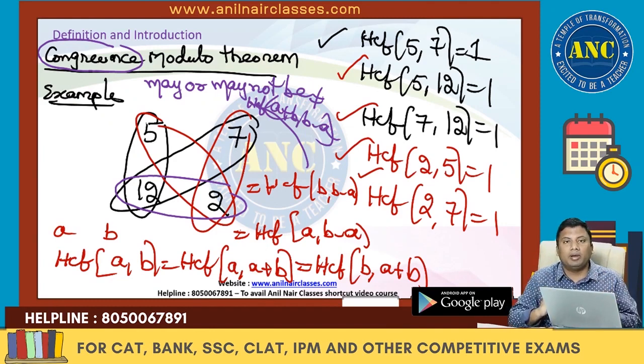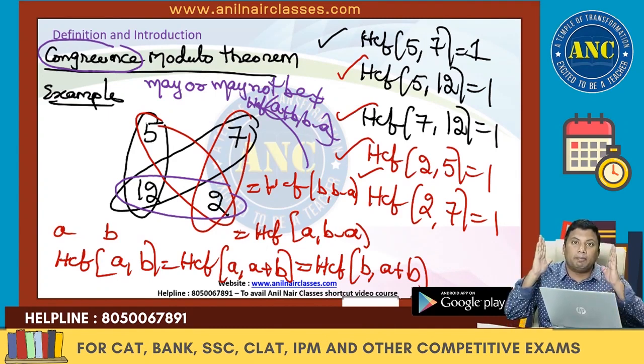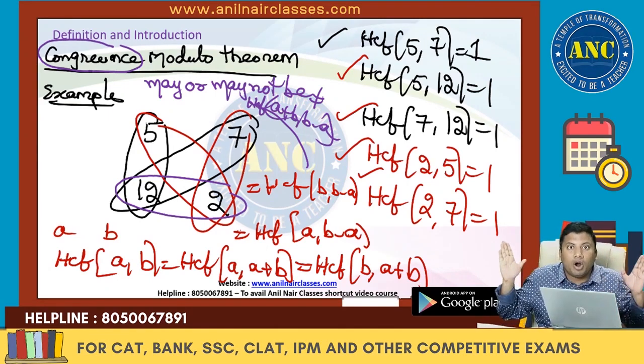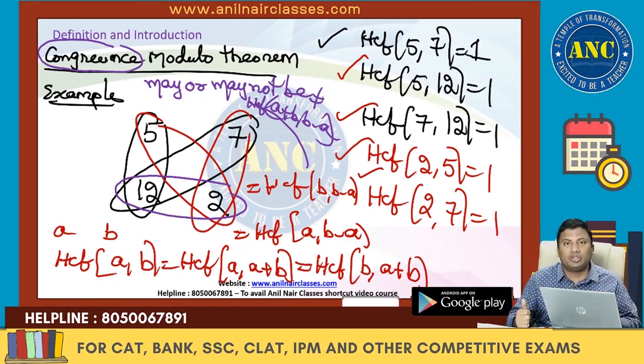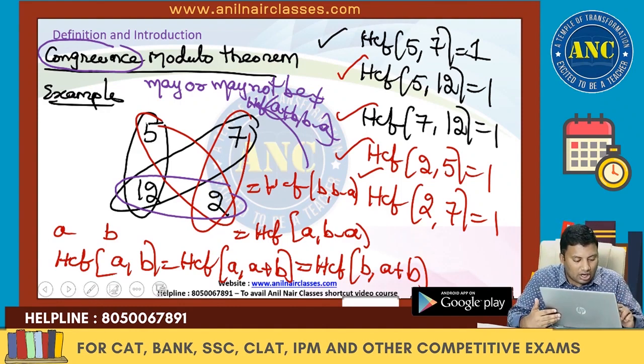What do you mean by congruence modulo theorem? If two numbers are congruent under some property, modulo addition with individual numbers, modulo subtraction with individual numbers, congruency does not change.